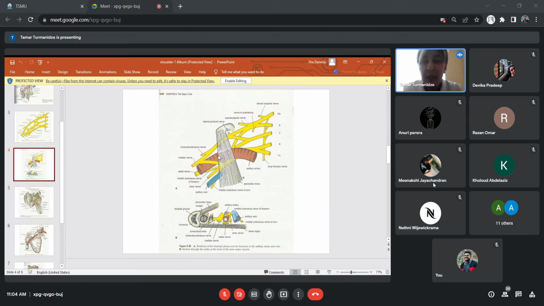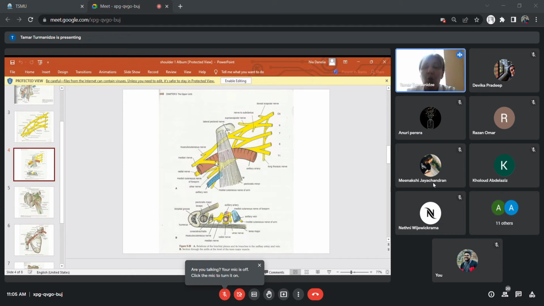If we explain these cords' location to the artery in the pectoral triangle: medial to the artery is located the medial cord, lateral to the artery is the lateral cord, and posteriorly to the artery is located the posterior cord of the brachial plexus.